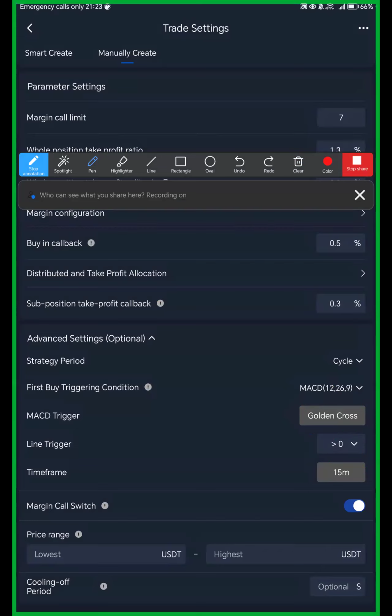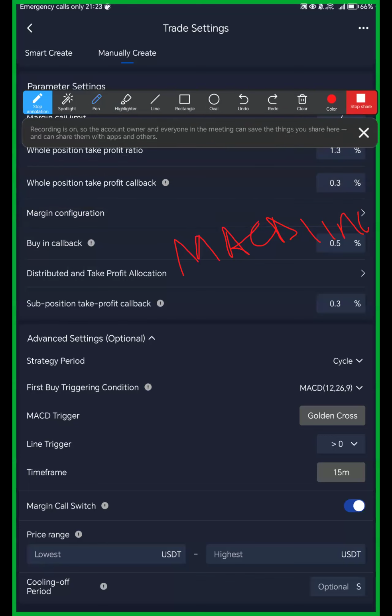When I was in the TradingView application, I was saying that the MACD line and the signal line normally cross each other above the 0 line, which I was referring to as a base line.